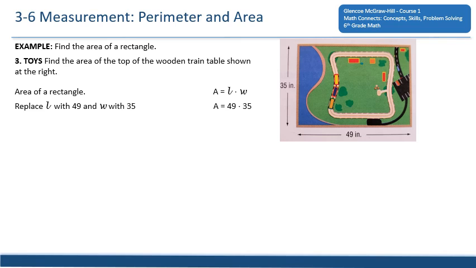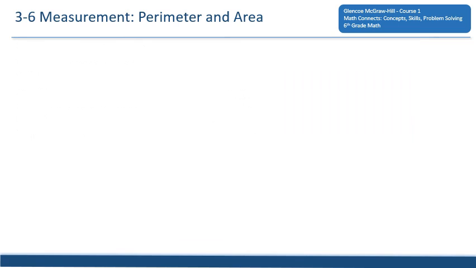We get area equals 49 times 35. We multiply, area equals 1,715. The area is 1,715 square inches, and we can write it as area equals 1,715 inches squared, or square inches.